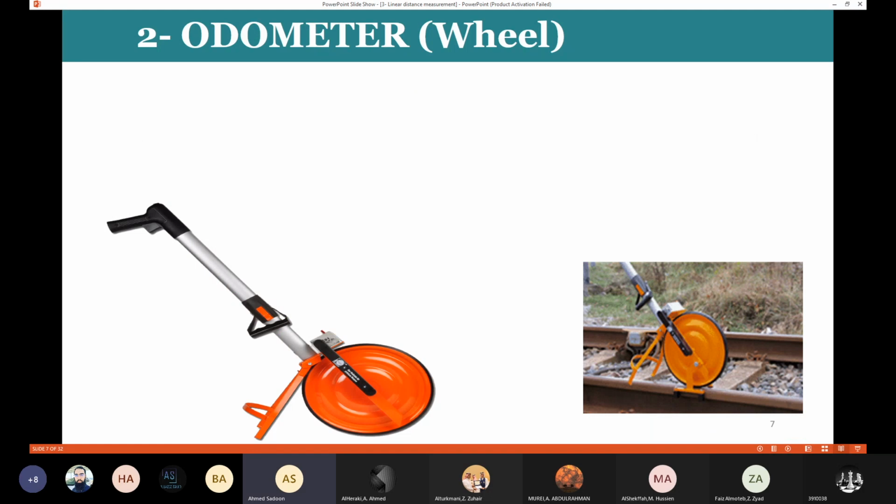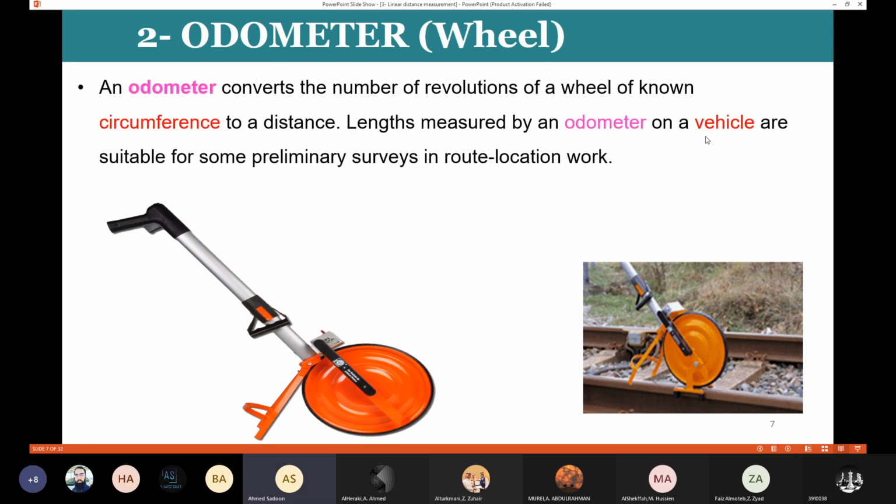The other method is the odometer or the wheel. In this method, we are going to use a rotating wheel. As this wheel rotates, it is going to count the measurement. This is also an approximate method. So an odometer converts the number of revolutions.